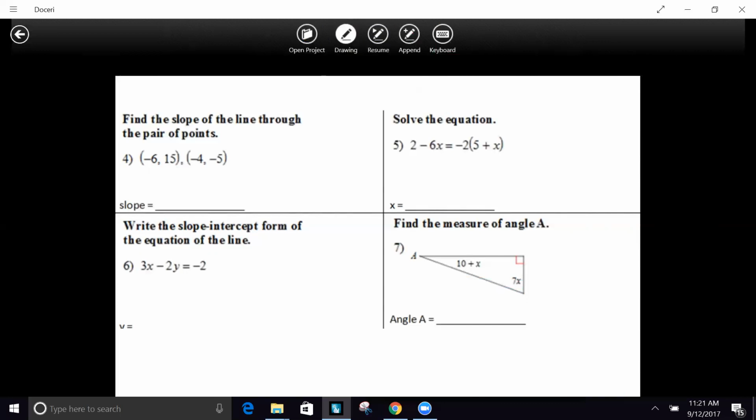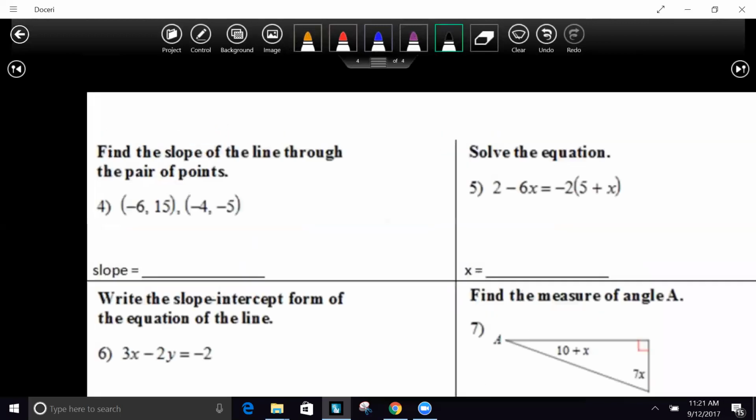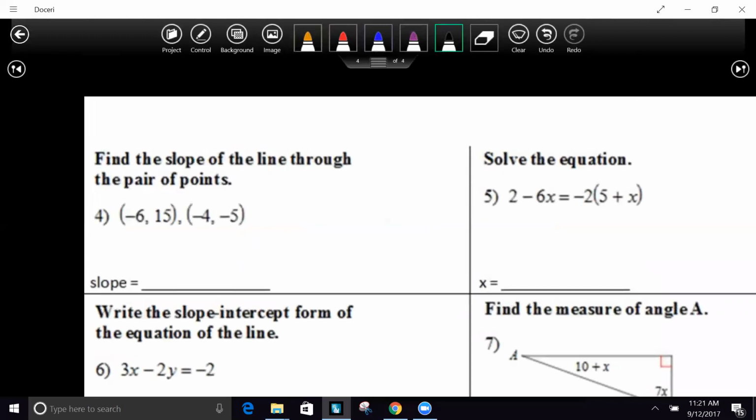Okay, here we go. Now, when solving for a point through 2 pairs, what we want to be able to identify with is being able to show the slope formula. So slope formula is equal to y2 minus y1 over x2 minus x1. We got to be able to define our points and plug them in.